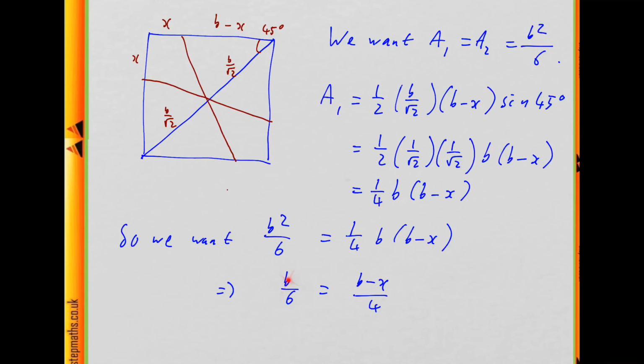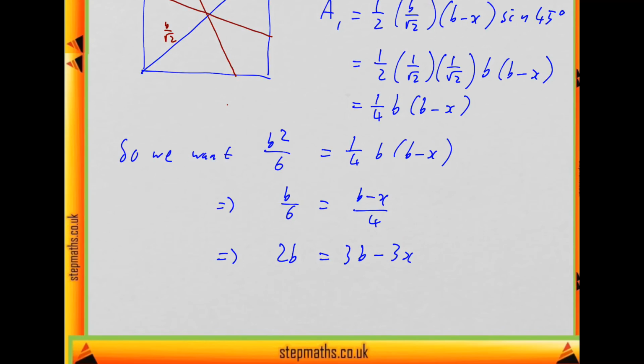So if we just divide both sides by b, we get b over 6 equals b minus x over 4. And now I'm multiplying across, basically by 12, because that's the lowest common multiple of 6 and 4. So multiply by 12 on this side to get 2b, on this side to get 3 times the top, which is 3b minus 3x.